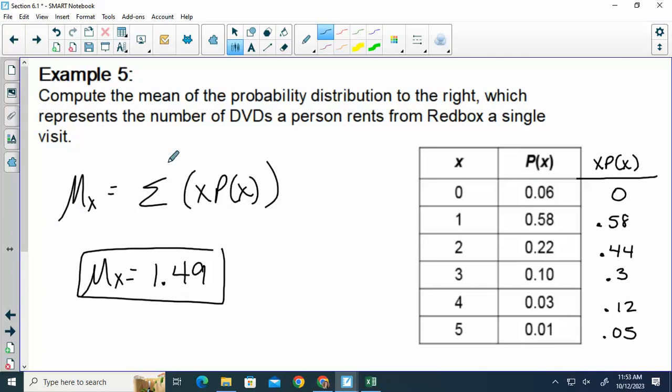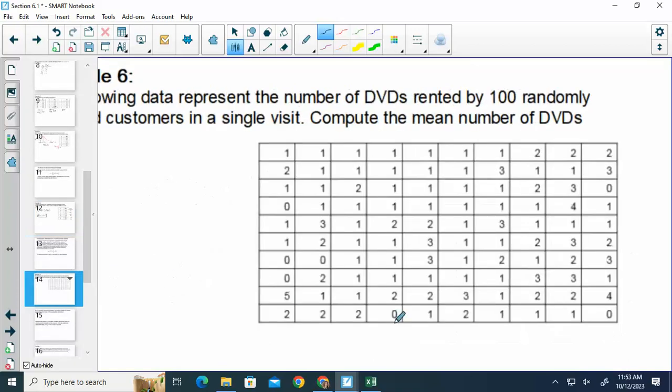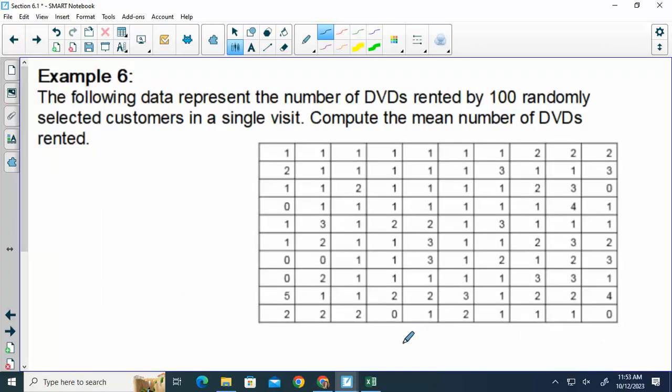Let's look at a big set. All right, so what if I wanted to do this? Could I make a probability distribution if I wanted to? Yeah. There's 100 values. So if I chose to do my probability distribution, what would we do?